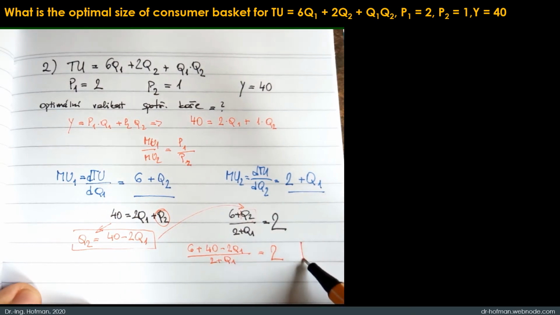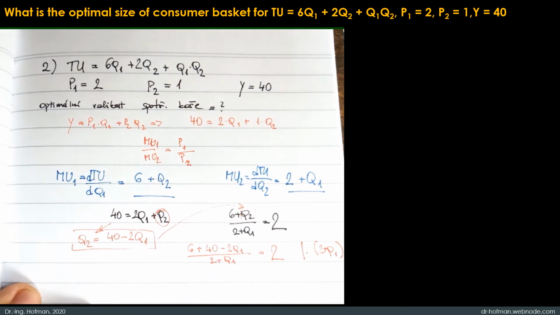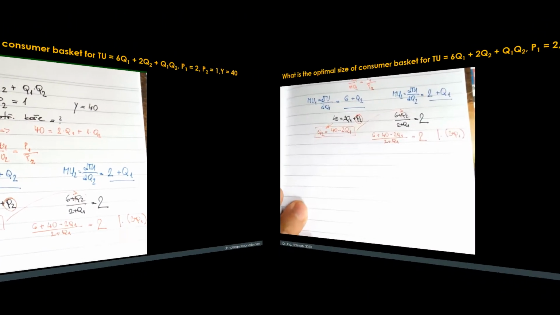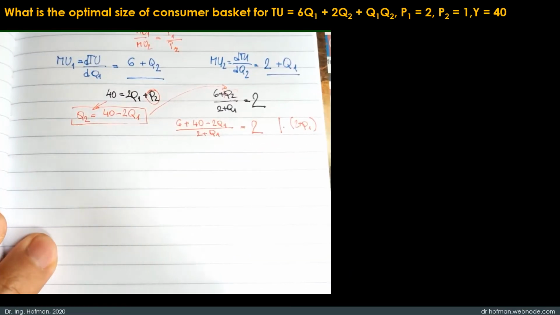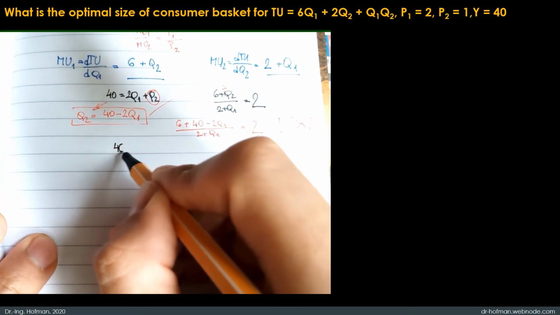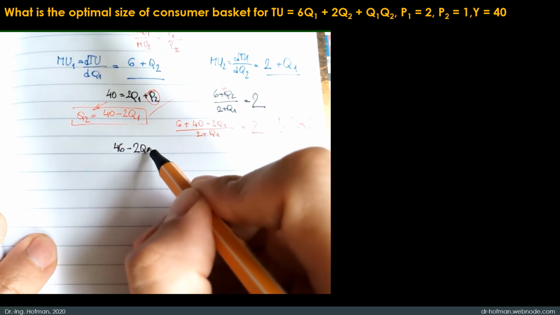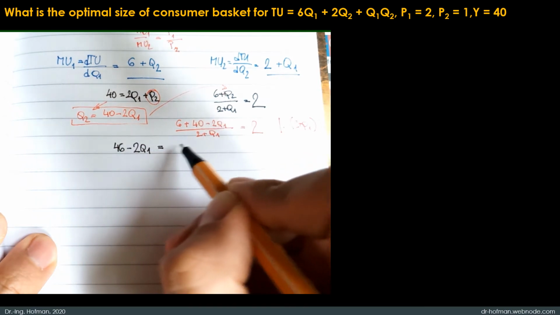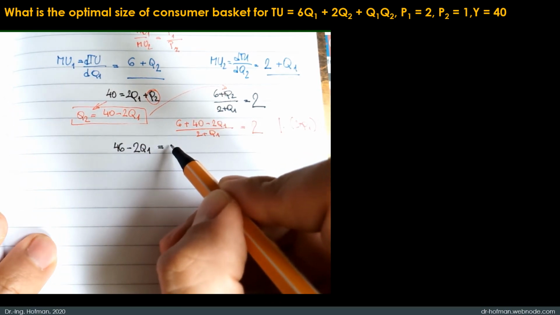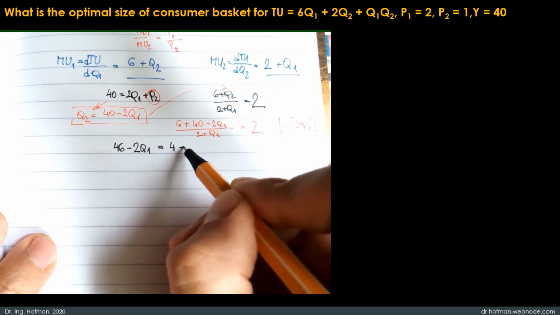I have to simplify this expression and multiply by the denominator. 46 minus 2Q1 equals 4 plus 2Q1.